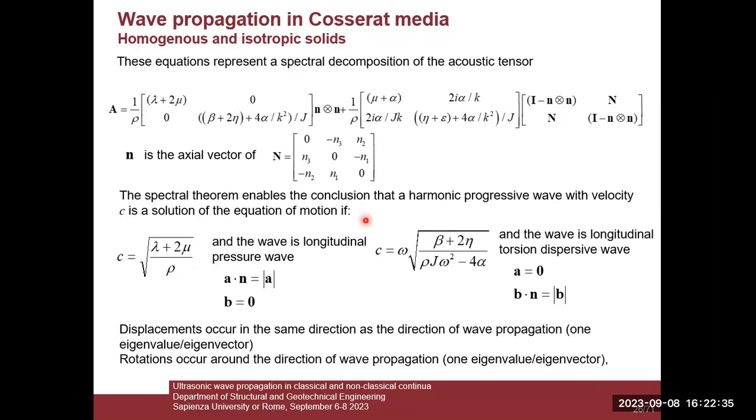A torsion wave. The torsion occurs around the axis normal to the wavefront. Okay, two waves: normal displacement, and torsion, rotational.